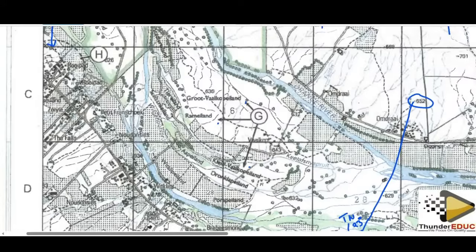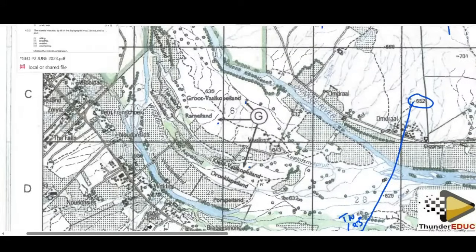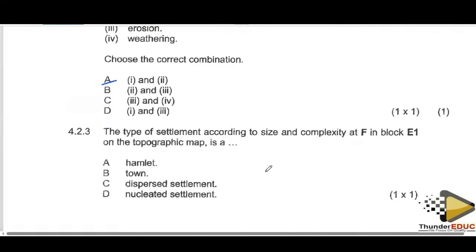Therefore, we take out option C, because C is referring to the pattern, not the type. So we only have two types here: we have a hamlet and we have a town.